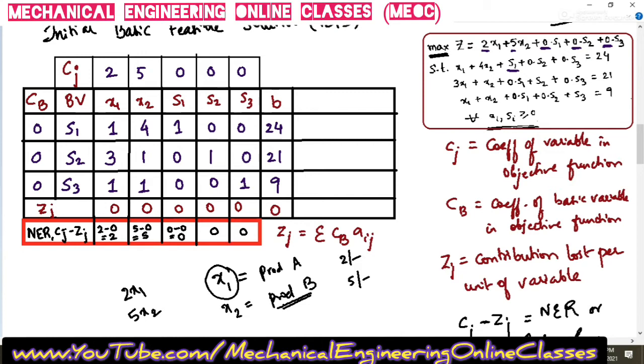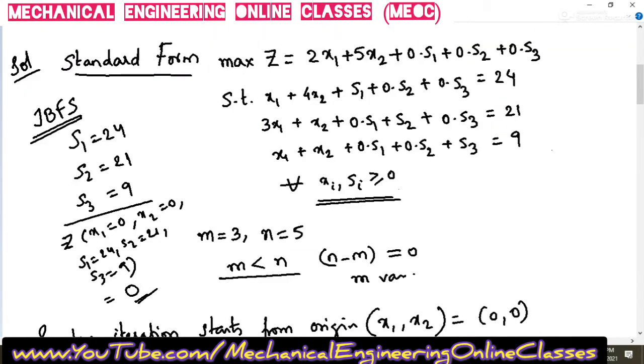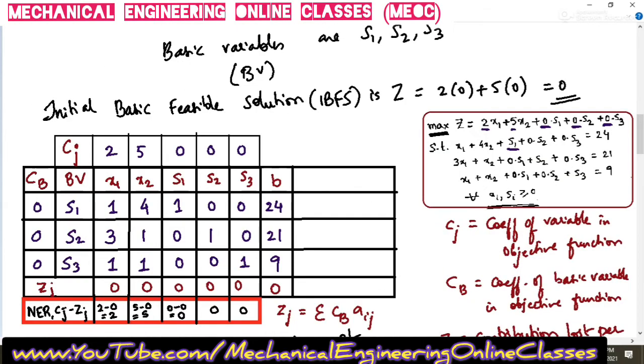I can maximize Z only when I give some value to x2, because x2 has a higher positive coefficient compared to 2 and 5. It is better I give some value to 5. The moment I give a value to x2, the Z will become maximum. So that is what can be seen in this table.